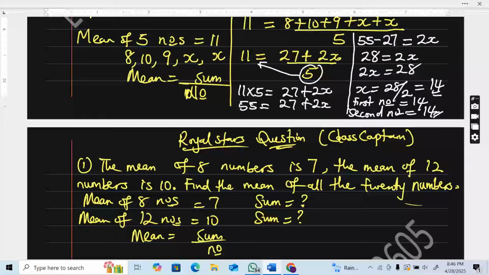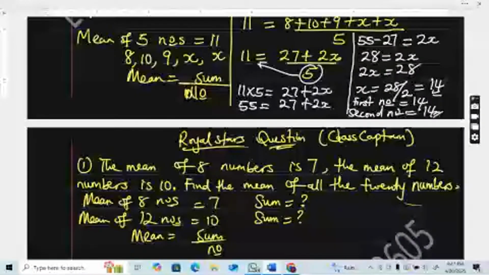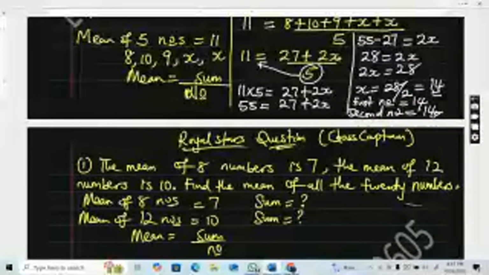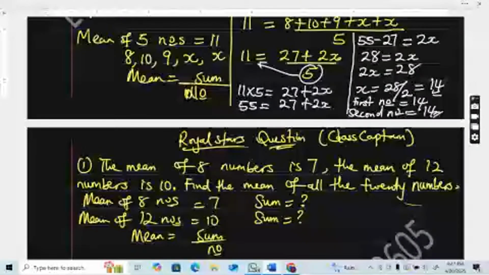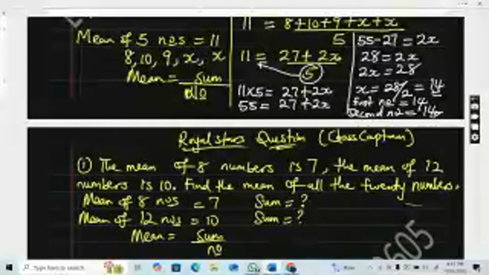If you get the answer, you should put the countdown. Go ahead and solve it and post your answer and your name in the chat.